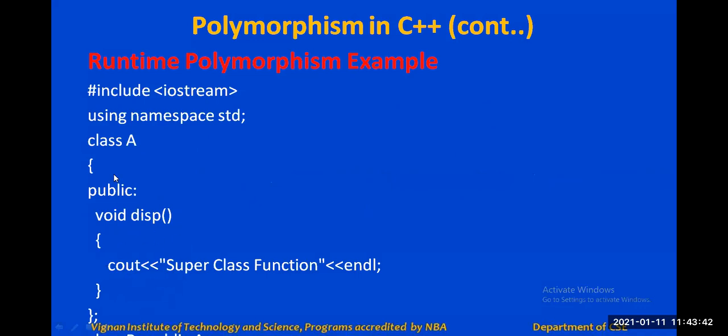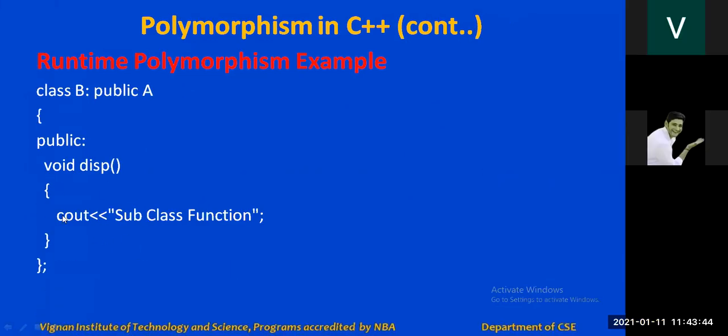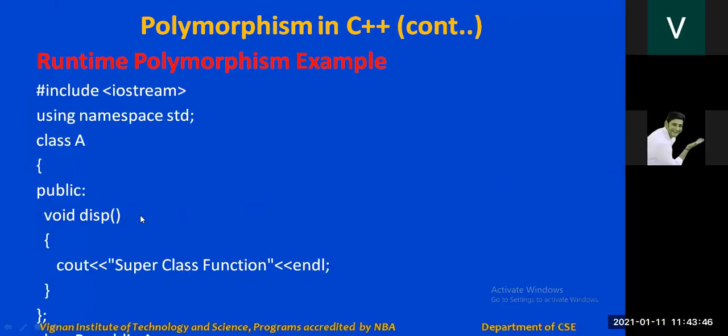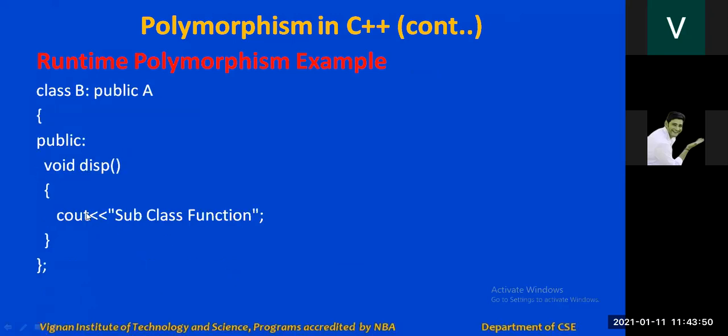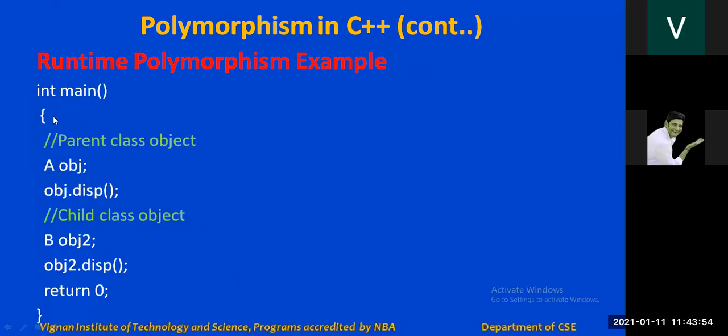One definition is in class A, another in class B. In class A we have the superclass function, and in class B we have the subclass function. Next we have to create an object of the superclass and an object of the child class.